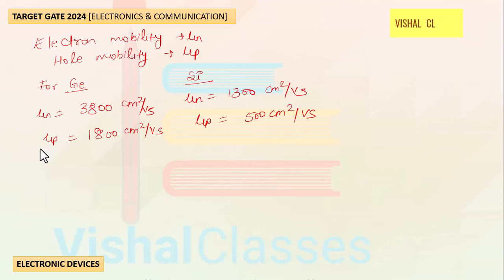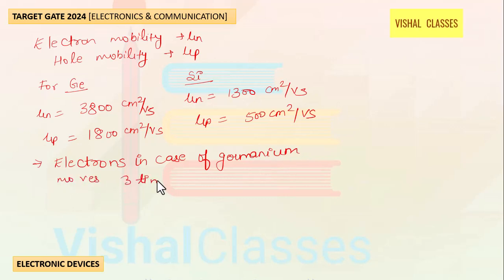One more point you will see. Electrons in case of germanium move 3 times faster than in silicon.